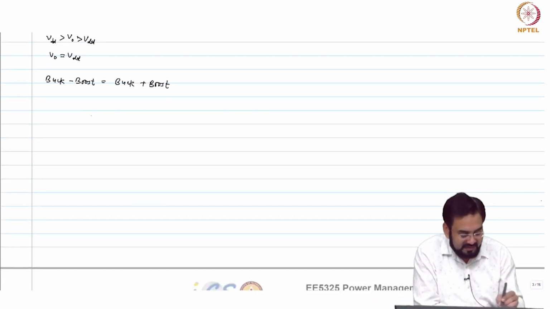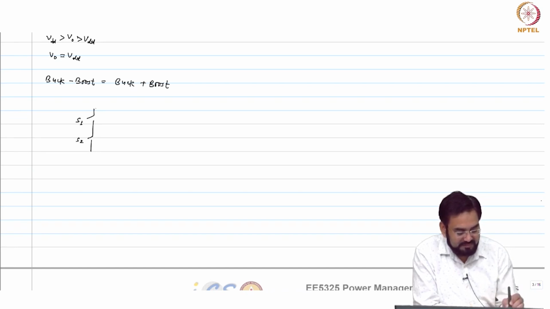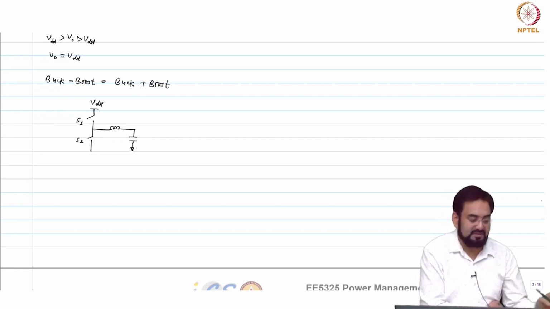So let's say I have this, I will call it S1, S2. What is this, buck or boost?